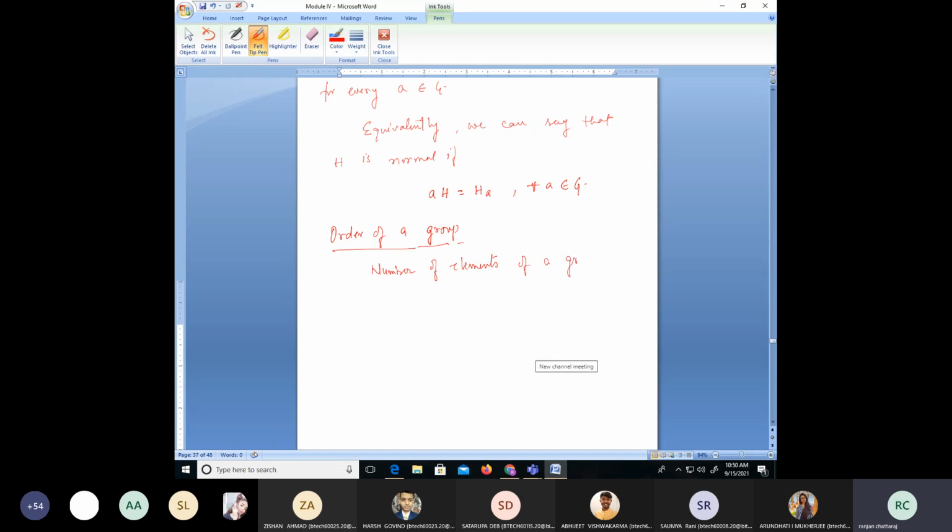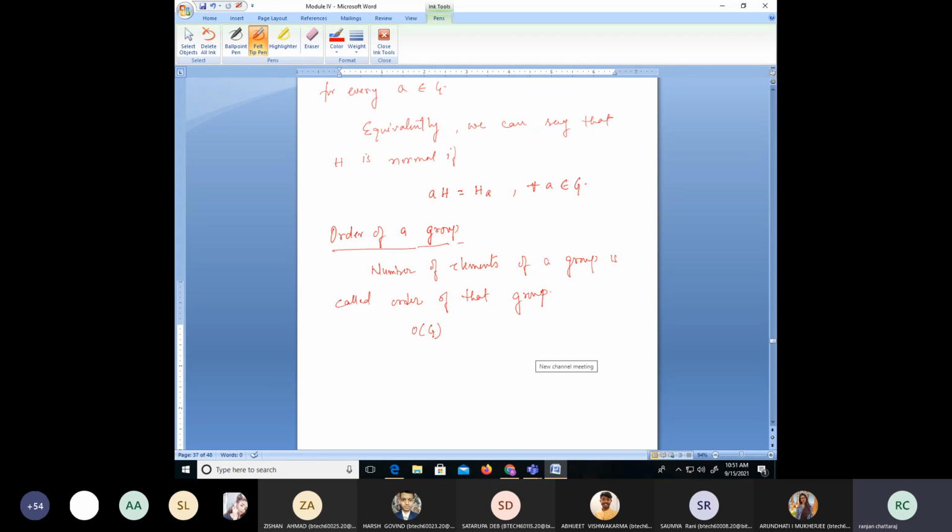It is denoted by order of G. So if there are 4 elements, then order of G is equal to 4.